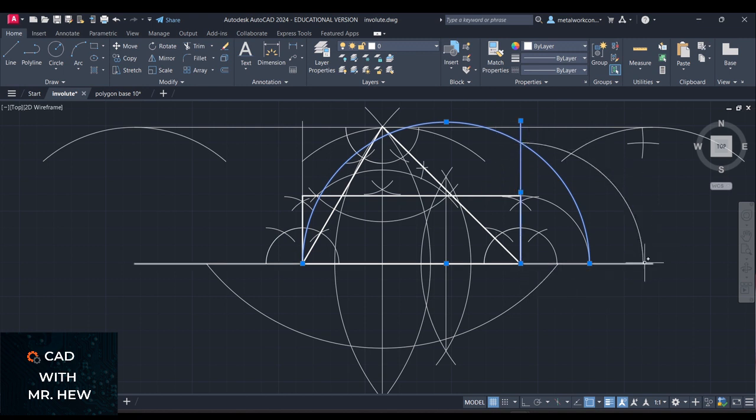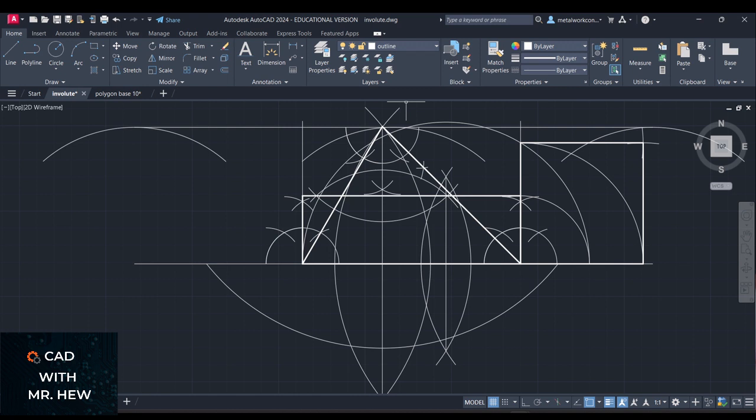Then from this point and this point, mark two arcs equal to the length of the side, right? So we're going to draw this square now. So from there to there to there to there to there, enter. So this would be the square that is equal in area to the rectangle and the triangle that was given.